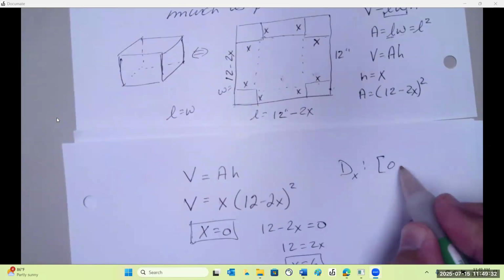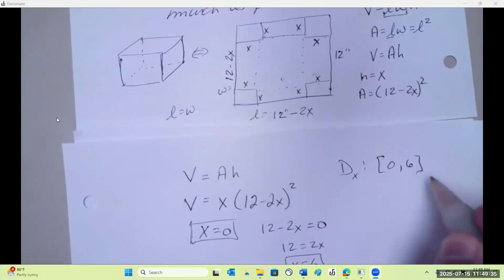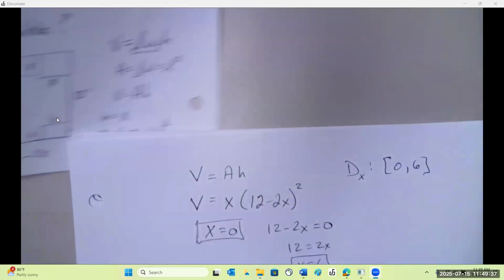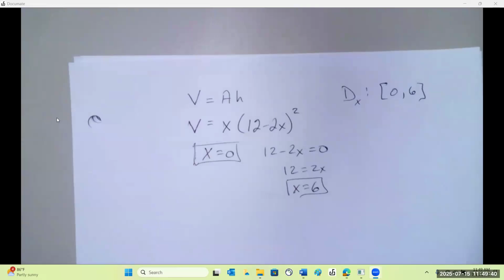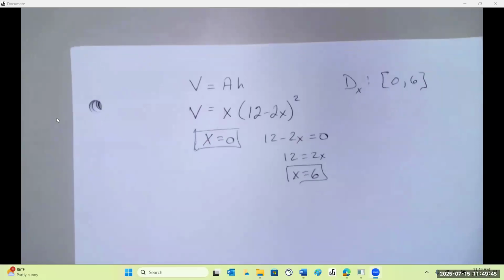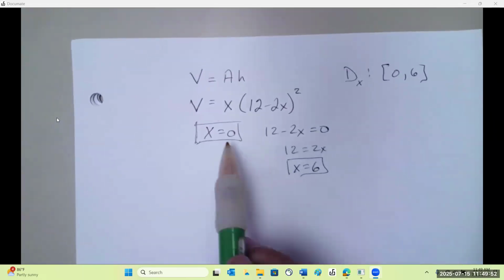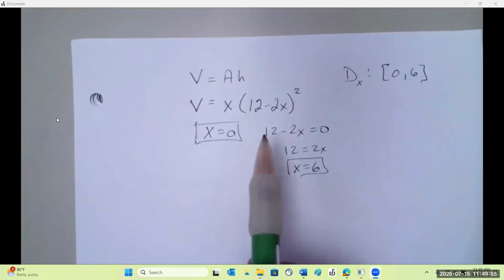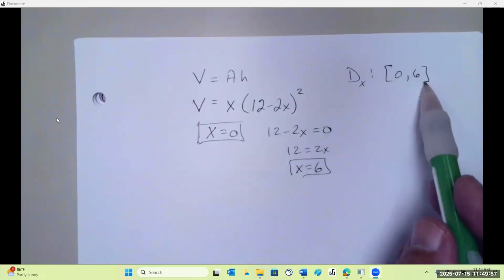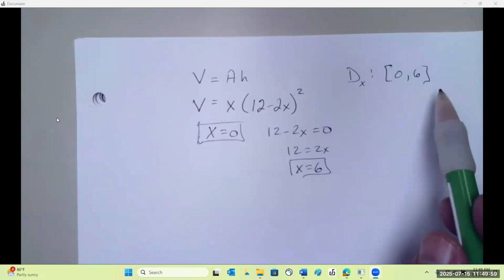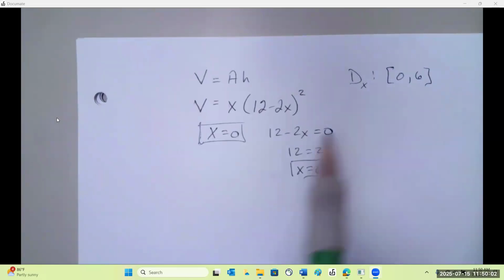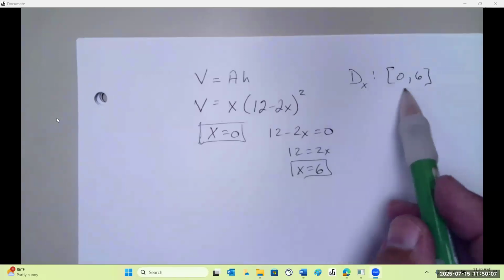So the domain of this has to be between 0 and 6. We need to know that because when we finish, we'll also remember to find the true maximum, since we have endpoints, we have to check the volume of those also. Now, when we finish finding the optimization problem, the values we get have to sit inside that domain.